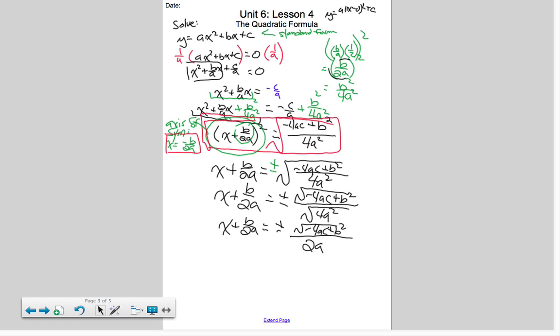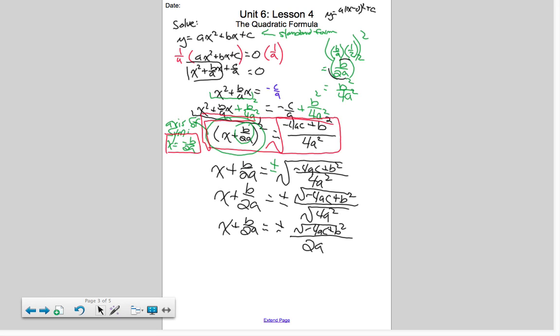You'll learn that next year. So you're applying the exponent laws, and because we have addition in here, you can't break it up. You have to keep all of minus 4ac plus b squared under the square root. But we can separate the numerator and denominator.